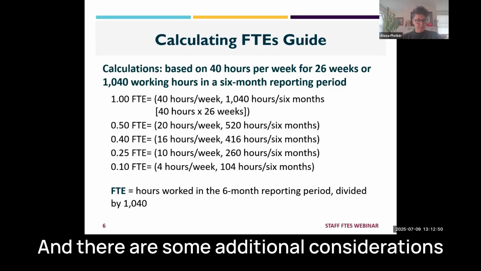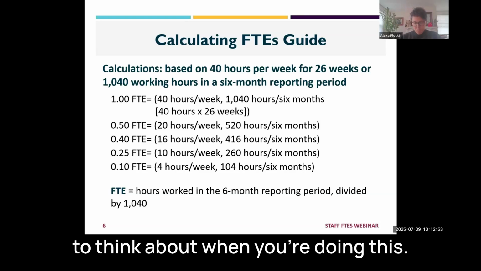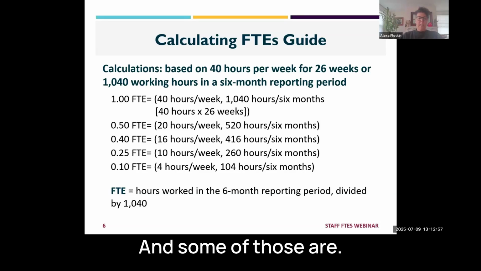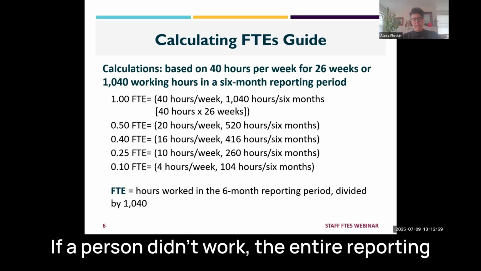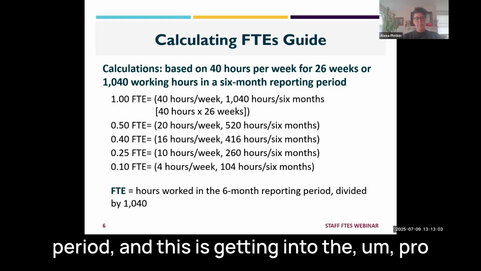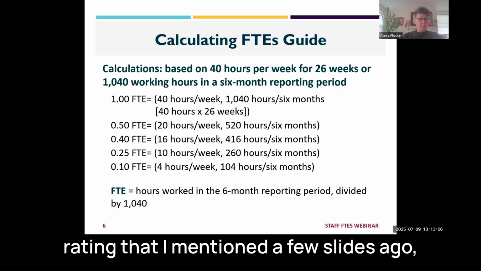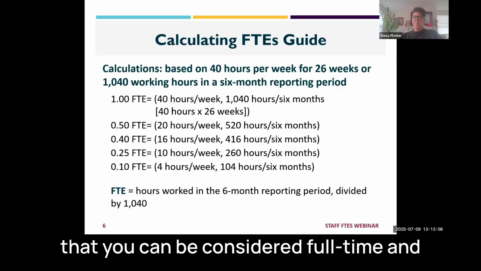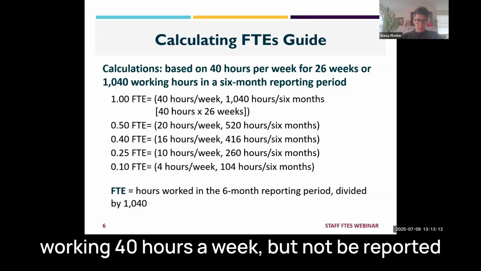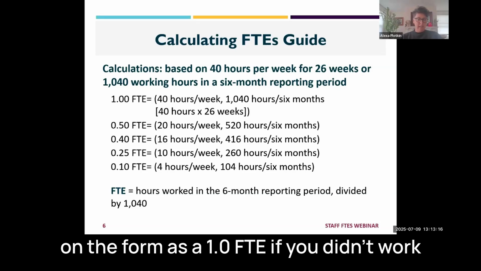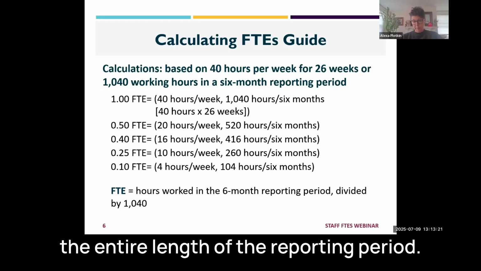And there are some additional considerations to think about when you're doing this. Some of those are if a person didn't work the entire reporting period, and this is getting into the prorating that I mentioned a few slides ago. You can be considered full-time and working 40 hours a week, but not be reported on the form as a 1.0 FTE if you didn't work the entire length of the reporting period.